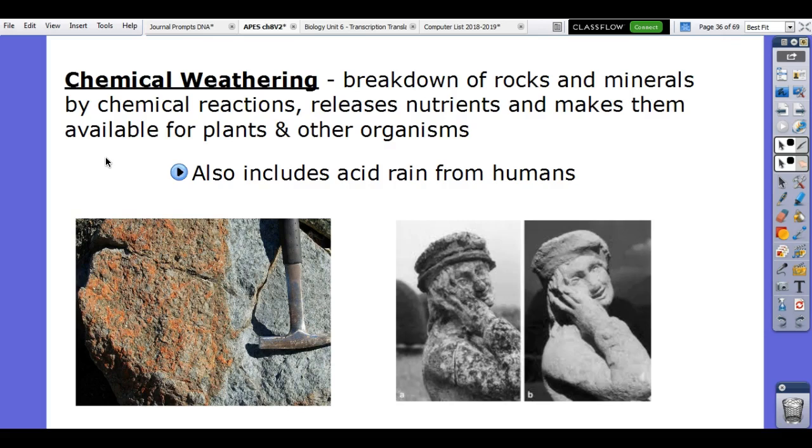As humans, we can create acid rain, which can cause chemical reactions with certain rocks. Acid rain is formed when there's pollution in the air, and then it mixes with the water droplets. So you can see here's an example of acid rain affecting a statue. Here's the statue before. Oh, this is the before on the right, and then after on the left.